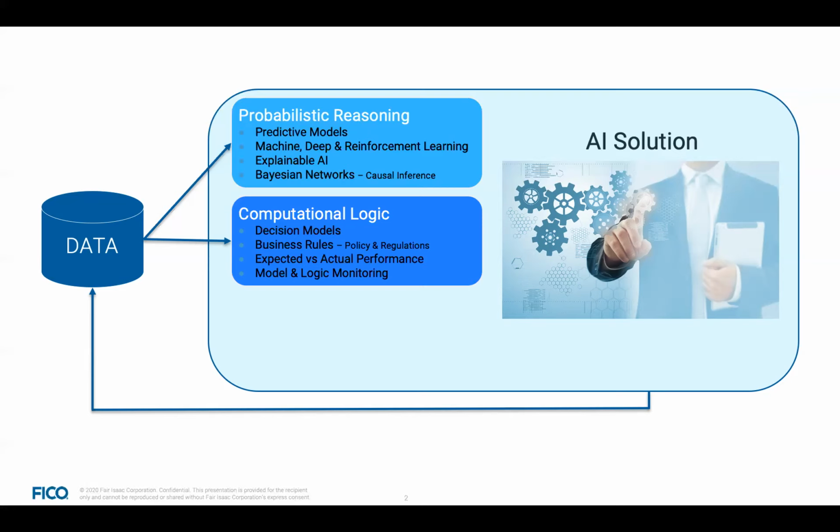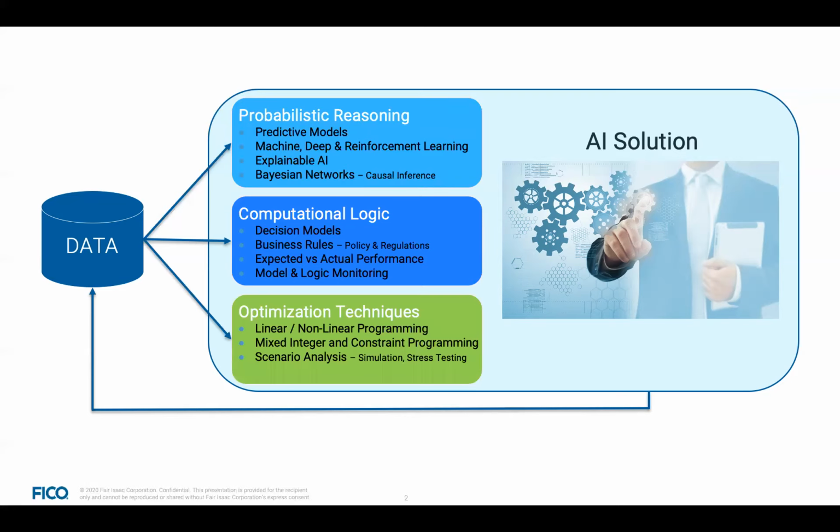And the third pillar of such an AI solution is, guess what, optimization as well. Could be linear, nonlinear programming, extended or constraint programming, might be any other optimization technique. I'm obviously focusing on mathematical optimization here, so this is why I stress those techniques.